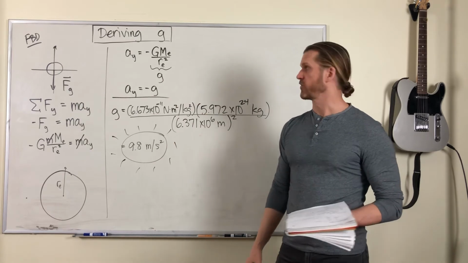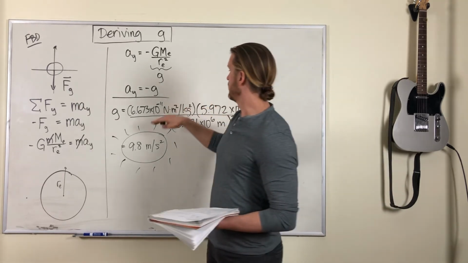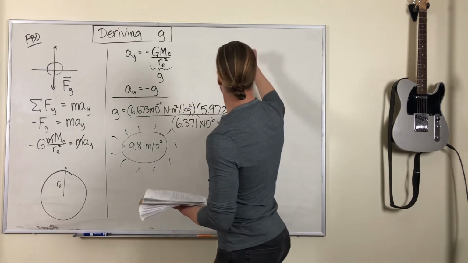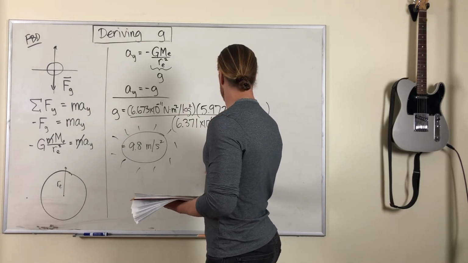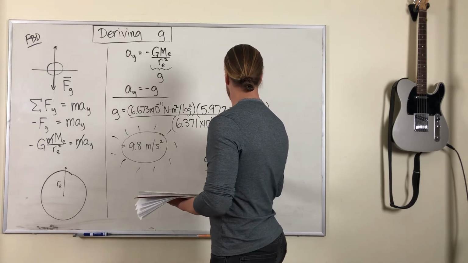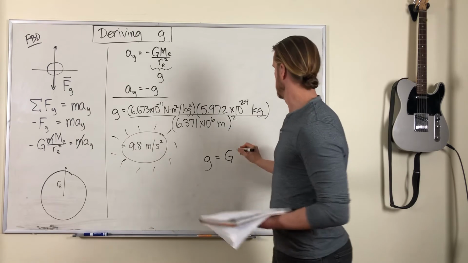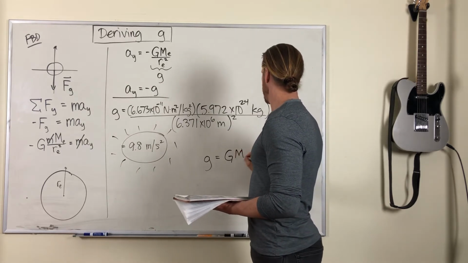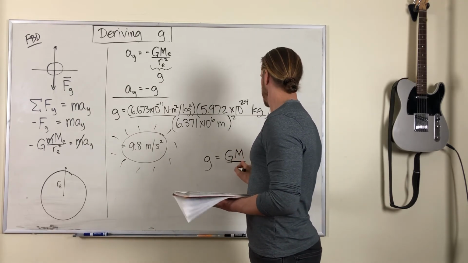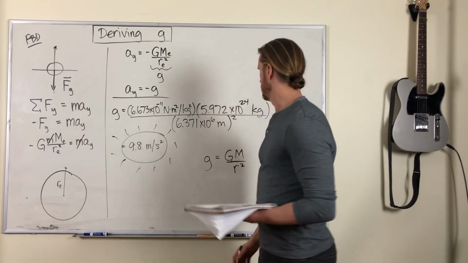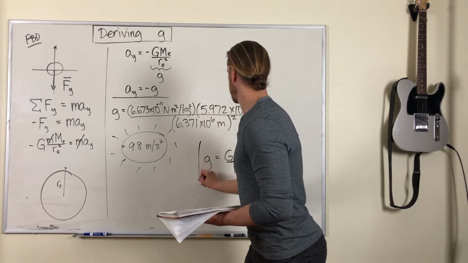That's where little g comes from. Put this in a box here. It's the universal gravitation constant times mass divided by distance squared.